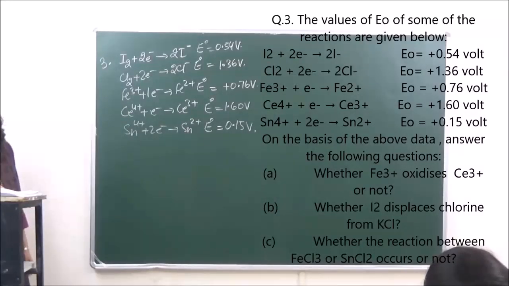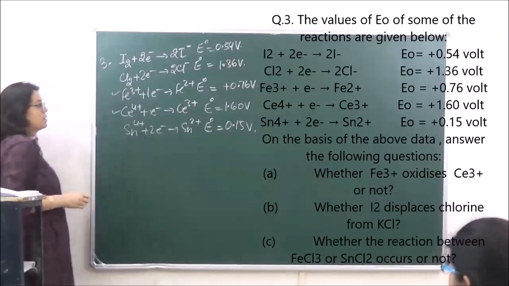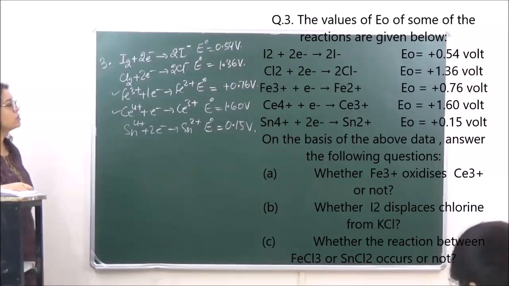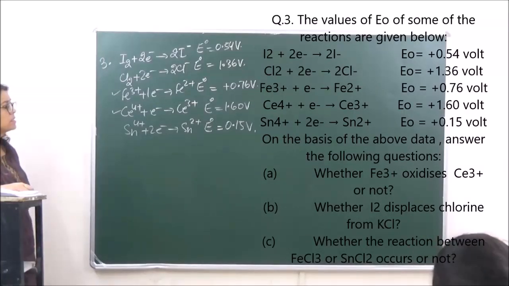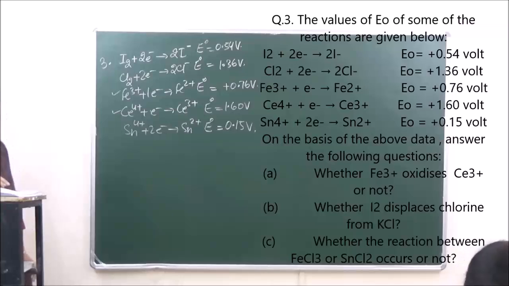The first one is whether Fe3+ oxidizes cerium or not. When we are looking at the two values of cerium 4+ and Fe3+, the value of cerium given to us is 1.60, right? And the value for iron given to us is how much? 0.76. Now they are asking whether Fe3+ oxidizes cerium or not.